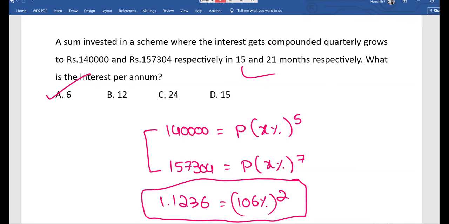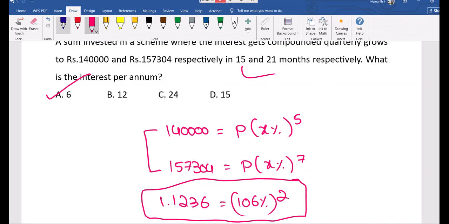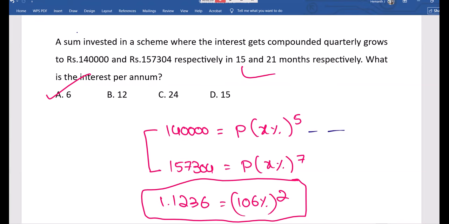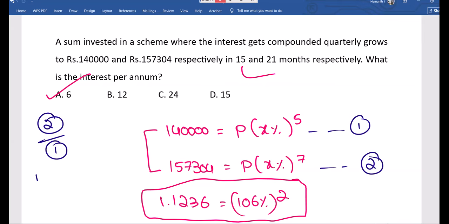When you divide the second equation with the first equation, you will get 1.1236. This is 106%, 1.06 whole square. 1.06 is nothing but 106%.